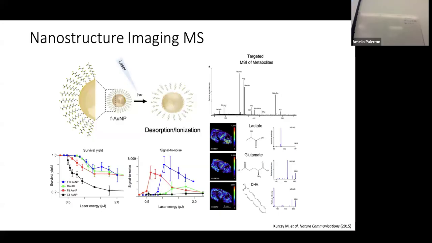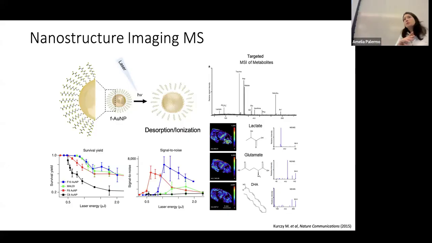And the way we did that was by developing an ionization matrix that was a bit unique of its kind. We did it by using gold nanoparticles and functionalizing them with perfluorinated chains, as you can see here, the gold nanoparticles and the perfluorinated chains.